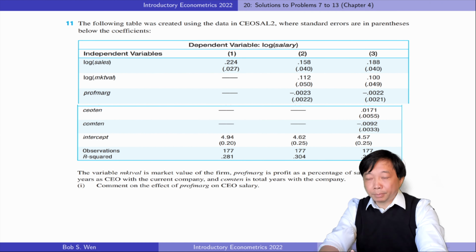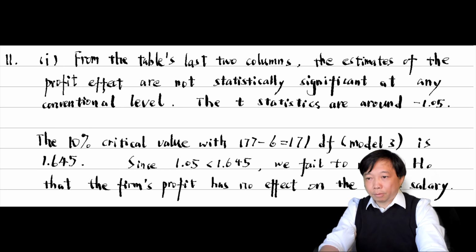Let's solve problem number 11. The first question is about the effect of the firm's profit on the CEO's salary. From the table's last 2 columns, the estimates of the profit effect are not statistically significant at any conventional level. The t-statistics are around minus 1.05.